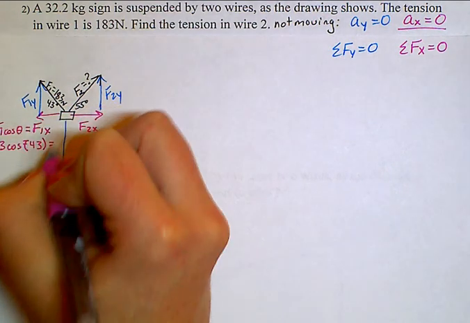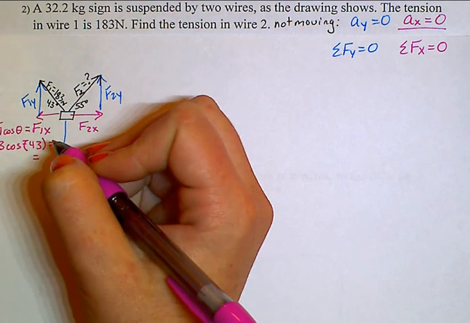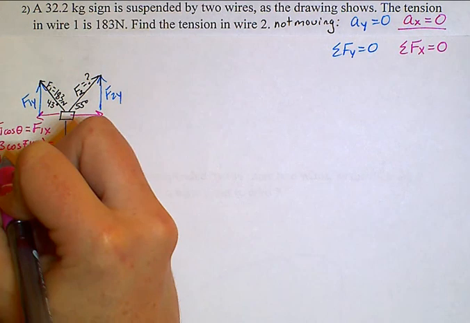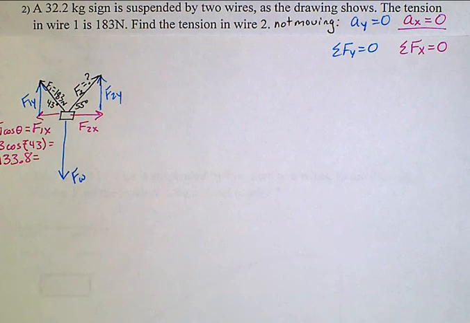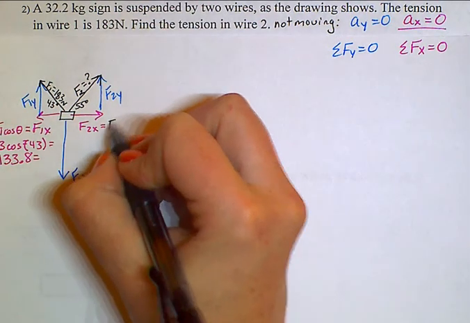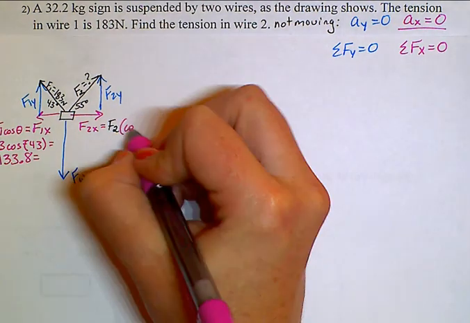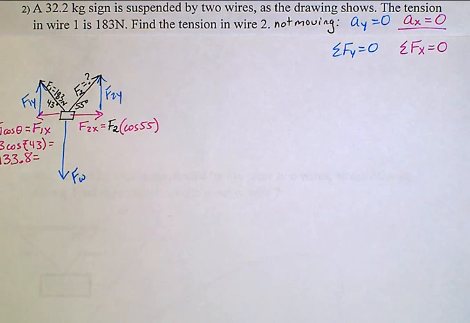So F1x is 133.8. And over here, I can't find the number yet because I need F2. That's just plain old F2, the hypotenuse, times the cosine of 55. So those are my two equations that I'm going to end up using.